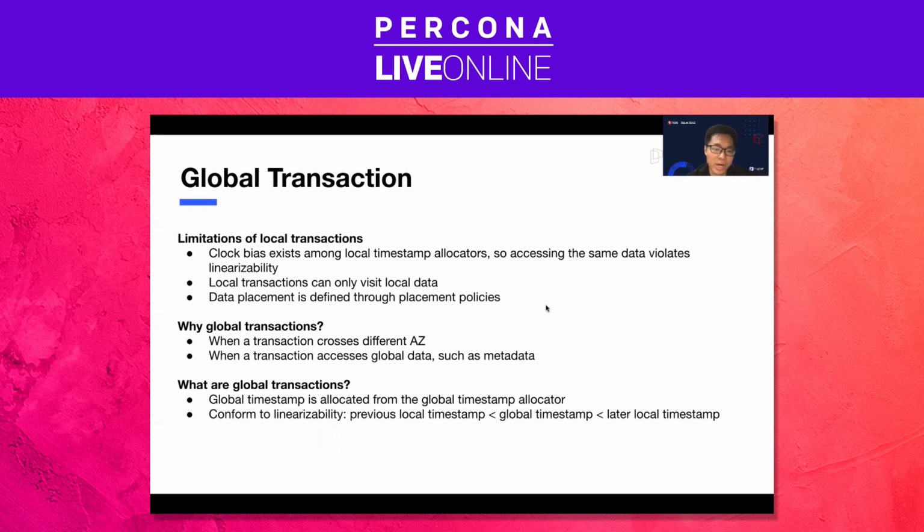And to define which data is local, placement policy is applied. However, there are some scenarios where transactions have to cross different zones to access data. And some transactions need to access global data. For example, DDL will always access metadata, but metadata cannot be partitioned.